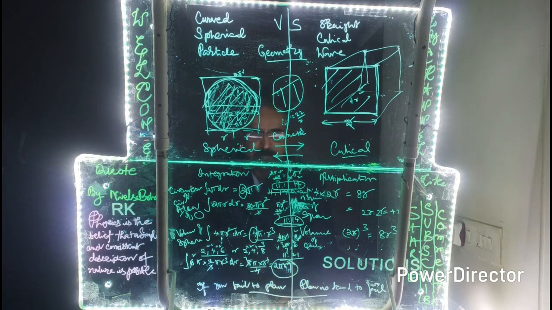2 pi r 4. What was this here? We began with 2 pi r, and at the fourth level, let's say this is the first, second, volume third, this is the fourth time integrated, we got 2 pi r 4. We started with 2 pi r, we ended up with 2 pi r 4. What does it mean?